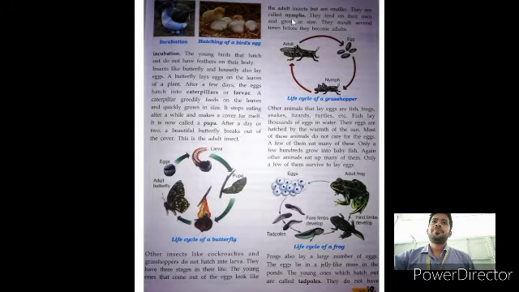They do not have legs. They have fins that help them to swim around looking for food. They have gills for breathing underwater. After about 2 months, lungs and legs appear. The feeding habits change and tadpoles change into adult frogs.